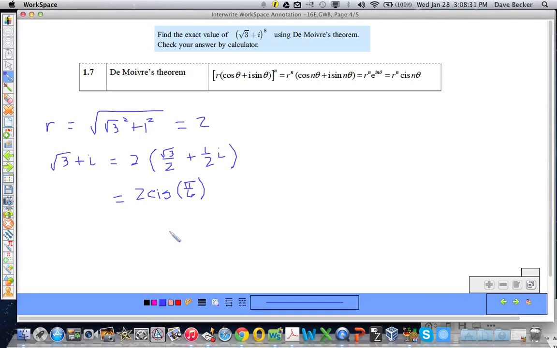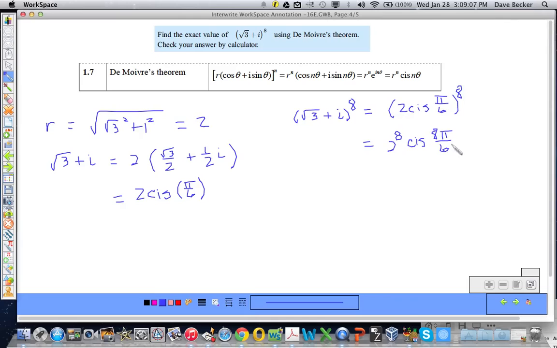All right. So now that we're in polar form, boys and girls, we can use our good friend de Moivre to help us out. Root 3 plus i to the 8th power would be equivalent to 2 cis pi over 6 to the 8th power. And by de Moivre, that is equivalent to 2 to the 8th cis 8 times pi over 6, or 8 pi over 6.